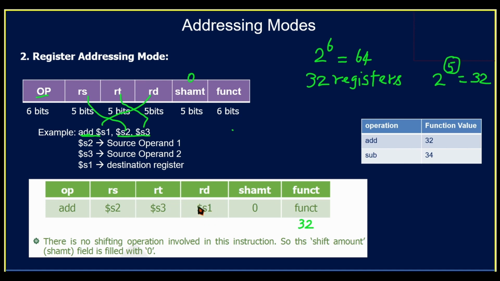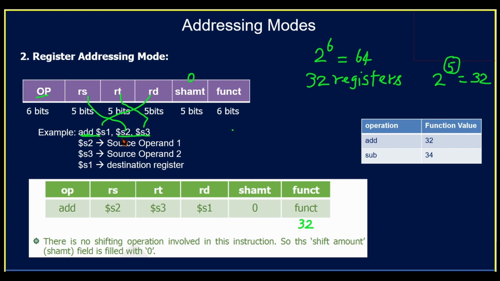Here for $S1, there is a 5-bit value. That 5-bit value you have to give. So RS is nothing but S2, RT is S3. That is, we are mapping the instruction to the actual format stored in the processor.